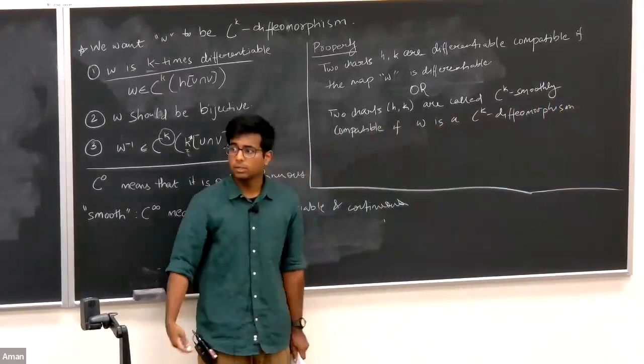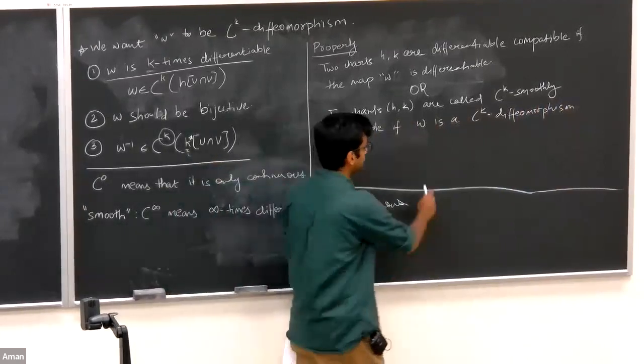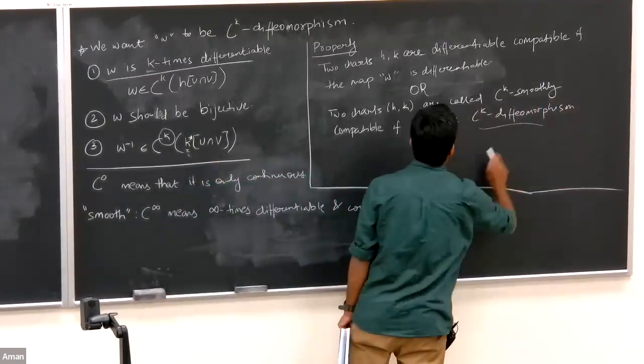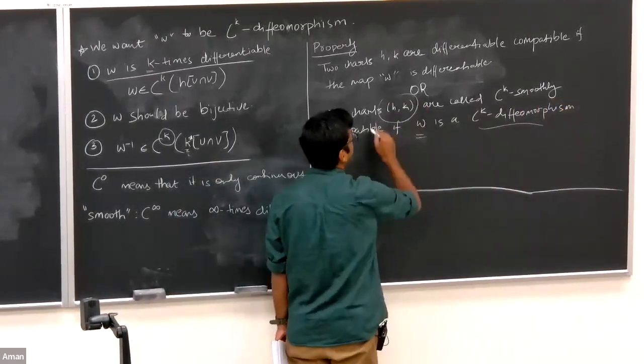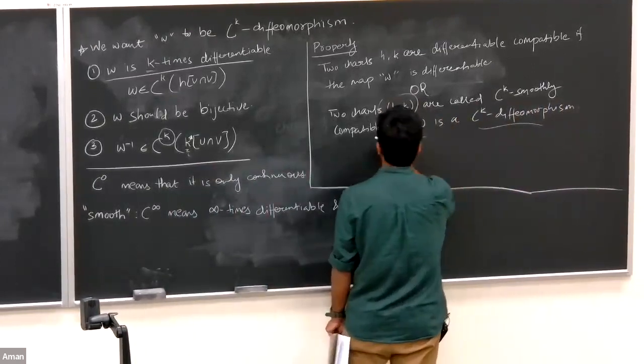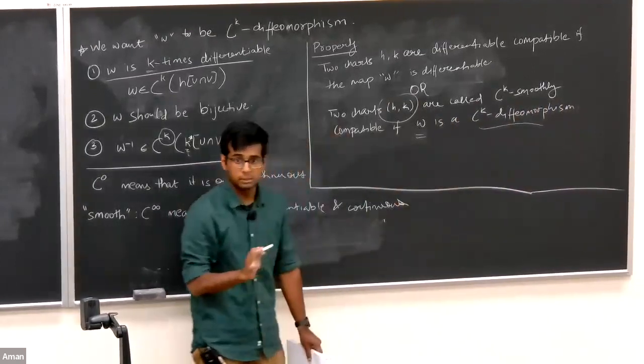Just some terminology so that if later you encounter that omega is a C^k diffeomorphism, or two charts are given and they are C^k compatible, this is what that means.